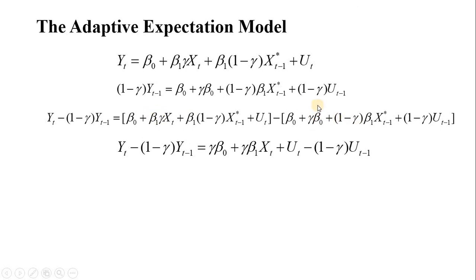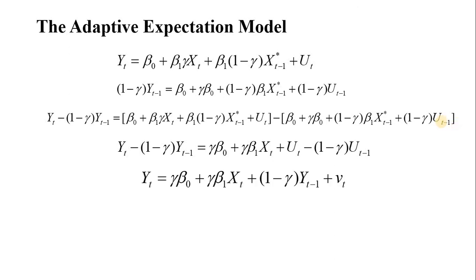Okay, so this will be our intercept, gamma beta 0 plus beta 1 gamma xt, both are same. Okay, now this term will be cancelled out and this term will be cancelled out, because this will be negative and this will be positive. Okay, and this is the ut and this is 1 minus gamma ut minus 1. So our error term will become ut minus 1 minus gamma ut minus 1.